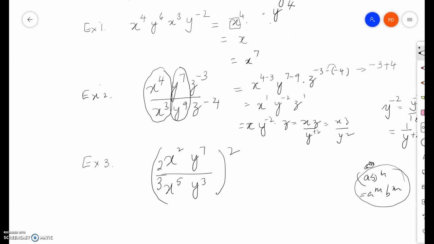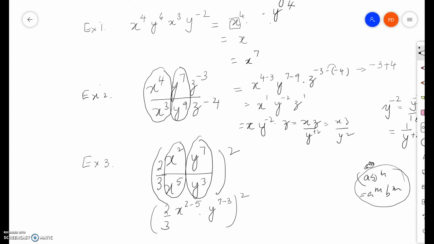So inside the parentheses first, we have x squared divided by x to the 5th, so that is 2 over 3 x to the, and remember that x is in the numerator when we use the rule of division of exponential terms with the same base, and y can be simplified too, so these two combine, 7 minus 3.